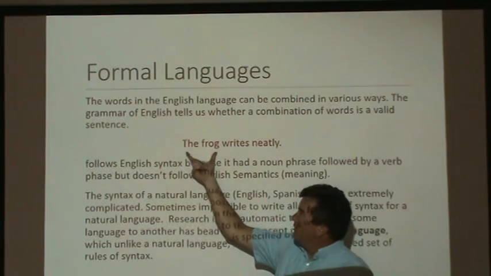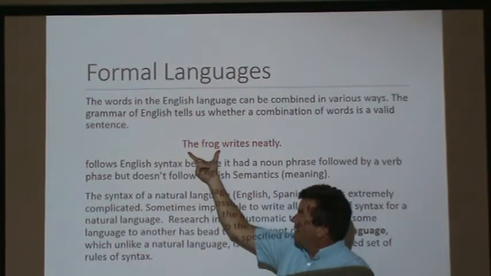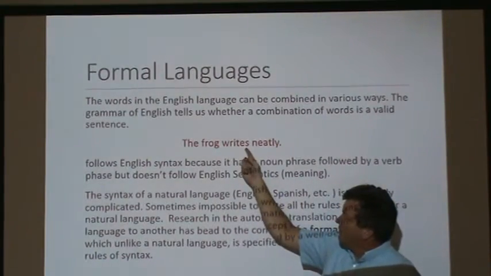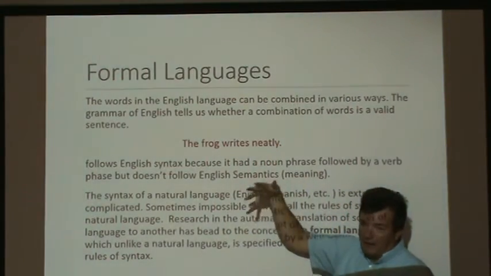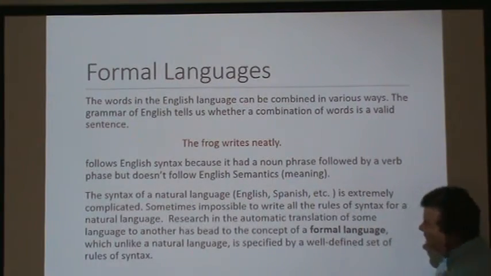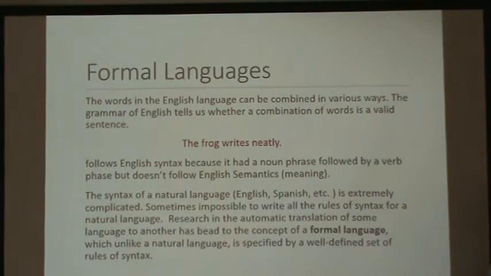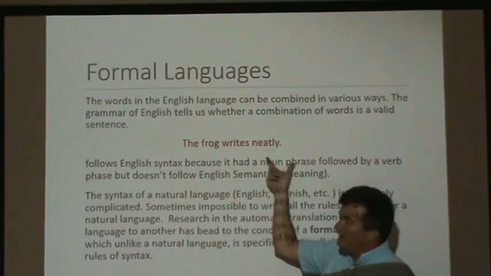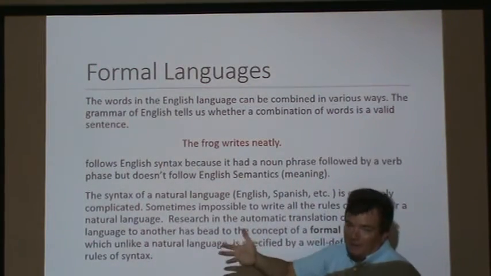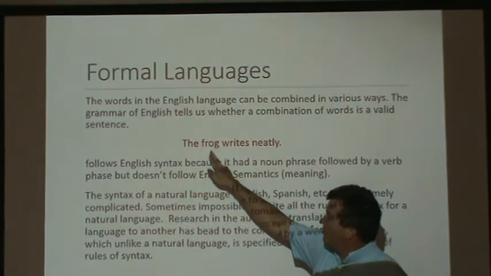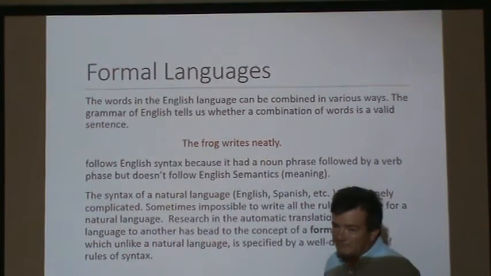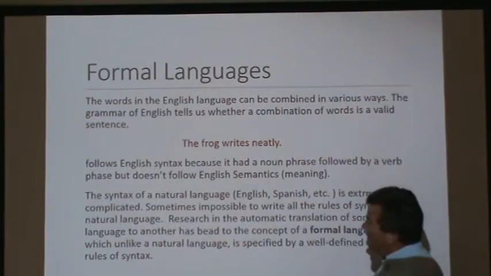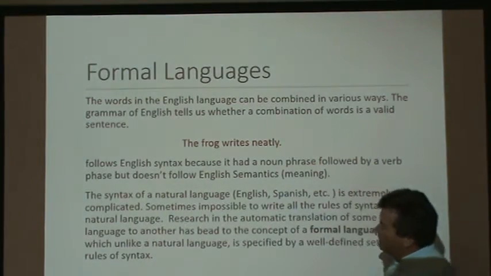So we could say "the frog," and this is a noun phrase, "writes neatly." "Writes" is our action, and "neatly" is an adverb describing how it writes. And this could be considered syntactically a legitimate sentence in English. Semantically, it may not be, because frogs don't write. So maybe it doesn't have any legitimate meaning to it, but it syntactically follows the rules of the English language.